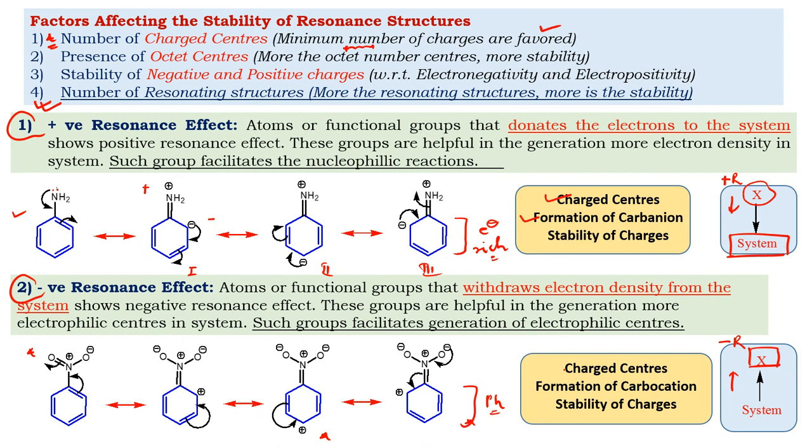And once these carbocations form on a ring, we are generating electrophilic centers. So this system is more prone to nucleophilic attack, so the nucleophiles can attack such a system. So this is the basic idea about classifying the resonance effect.